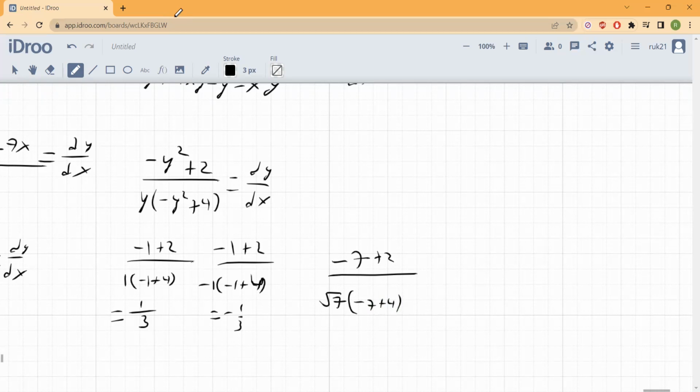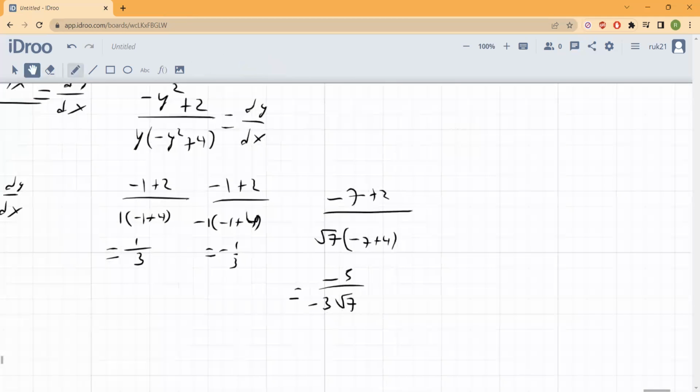On the top, we're going to get negative 5. It's going to be equal to negative 5 over negative 3 root 7. That's going to simplify then. Our negatives are going to cancel out. We're going to get 5 over 3 root 7.